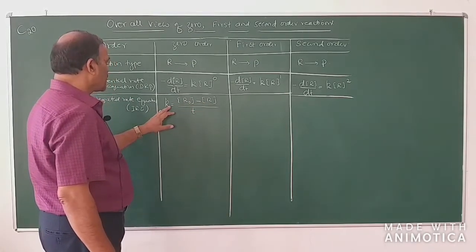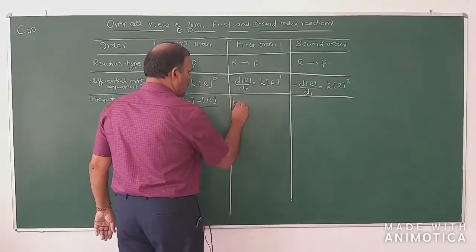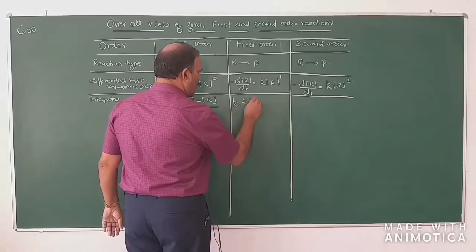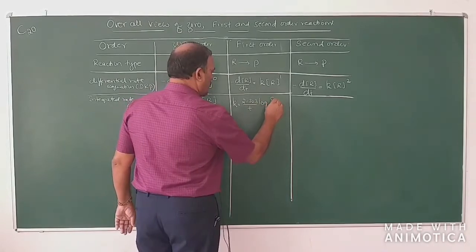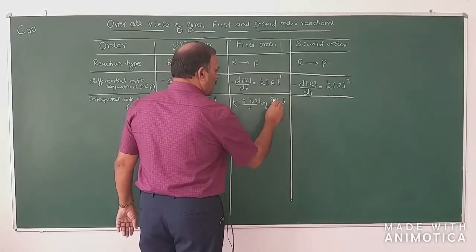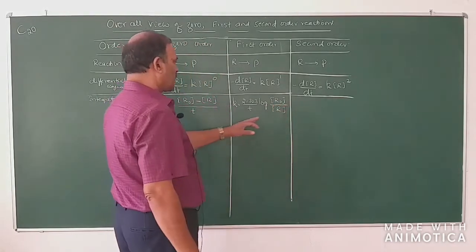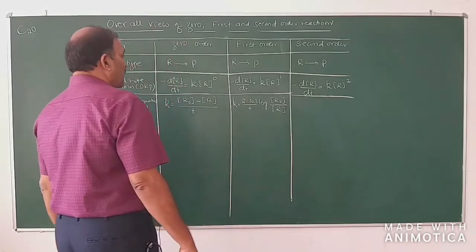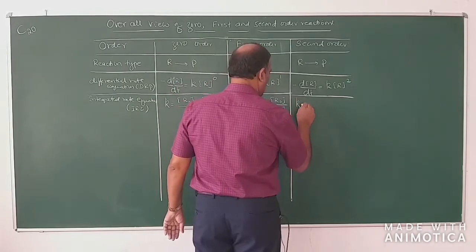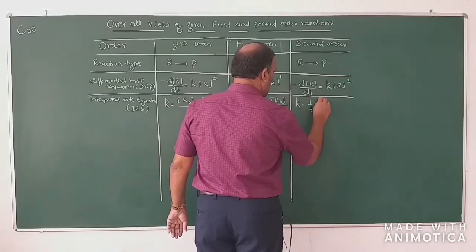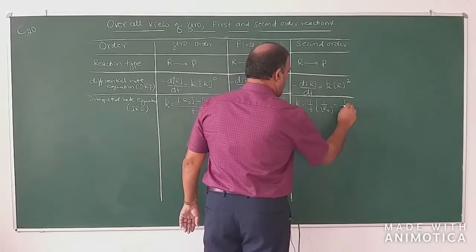Similarly, for first order, K equals 2.303 divided by t log of R naught, initial concentration, divided by R. So, this is the expression for rate constant for a first order reaction. Similarly, for second order, K equals 1 over t into 1 over R minus 1 over R naught.